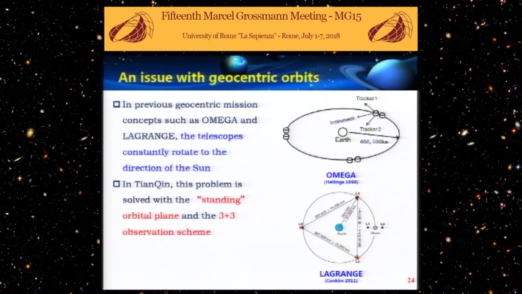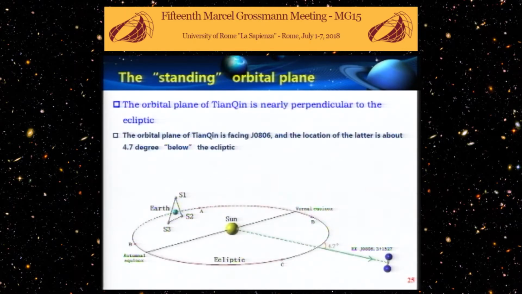So in this case, compared with the original geocentric orbit proposed by some people, ours is different because of how we stand. This is 5 degrees lower than that orbit, and in this case we are in the vertical direction.